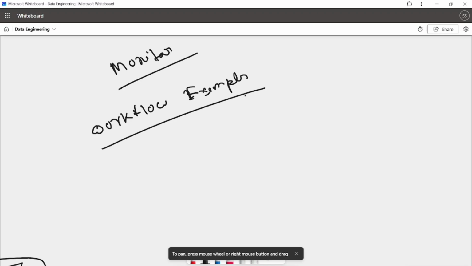This is the workflow example, like linked services, then dataset. This is the basic workflow, okay? So we have to follow pipeline, then what?